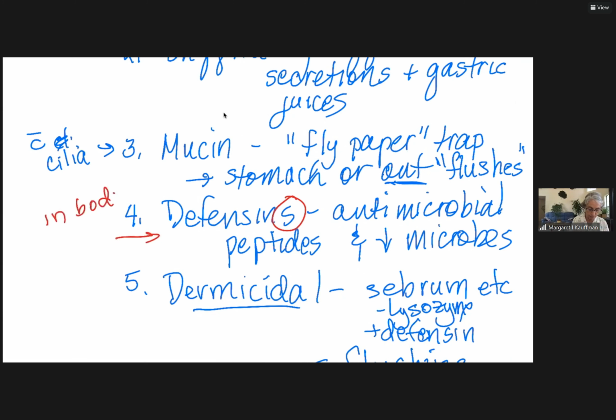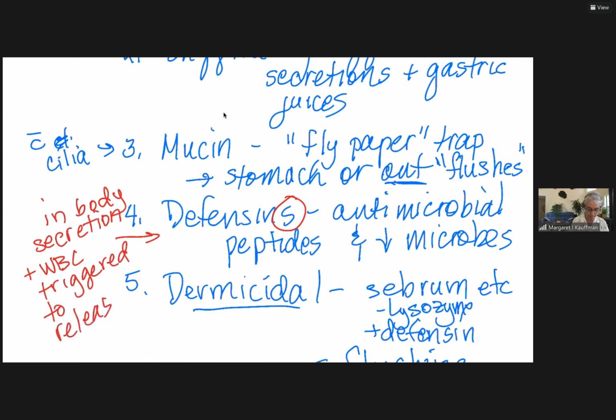Now later we'll learn it's also released by some white blood cells once you start an innate response. So that sounds really, really good.